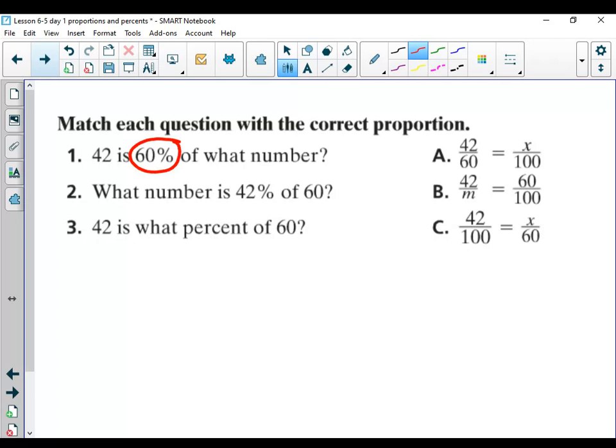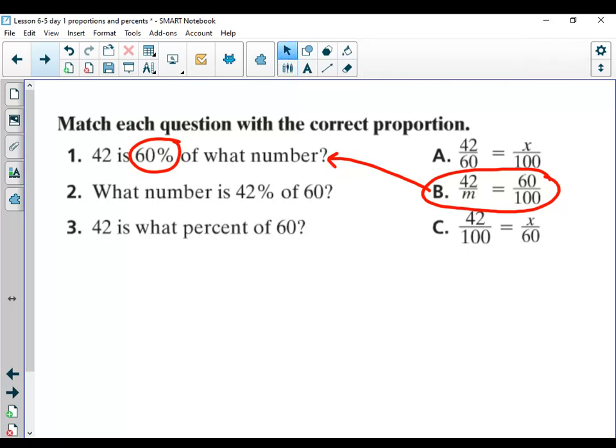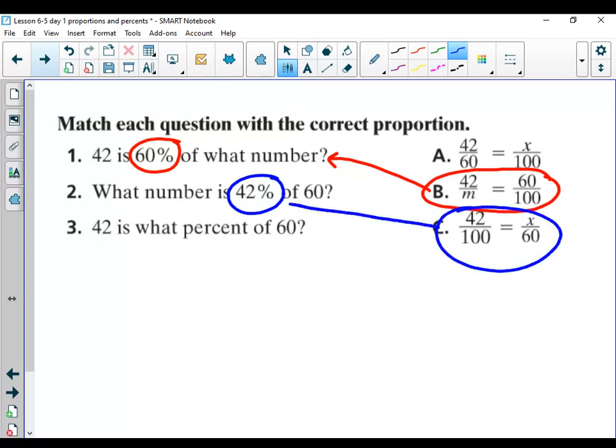Which one has 60 over 100? Look for the percent. Which one has 42 over 100? This one says what percent? So which one has a variable over 100?